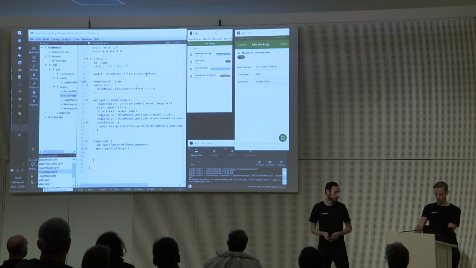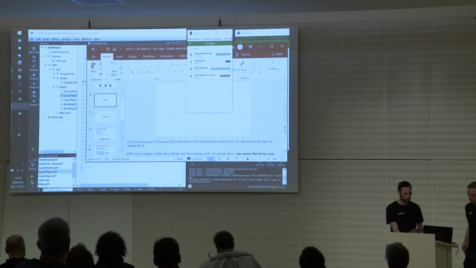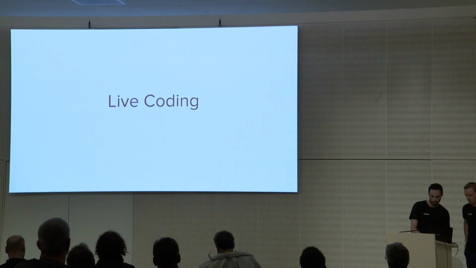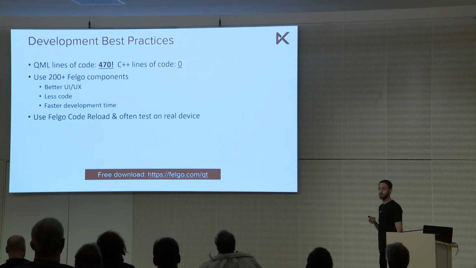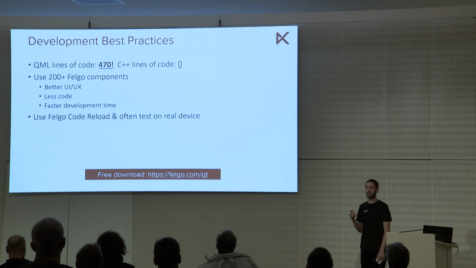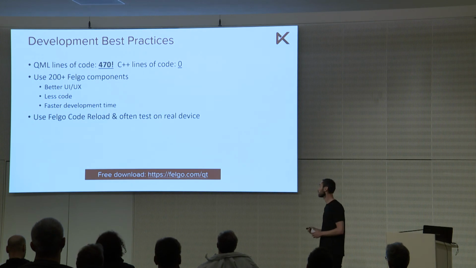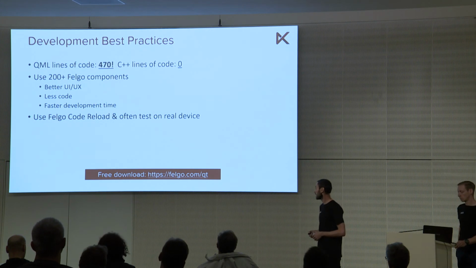All right, so that's the live coding session. Overall, the whole application only has 470 lines of code. So this should give you an understanding of how good of a user experience you can achieve with very little code. Also on iOS and Android, native user experiences are optimized for touch-based devices.